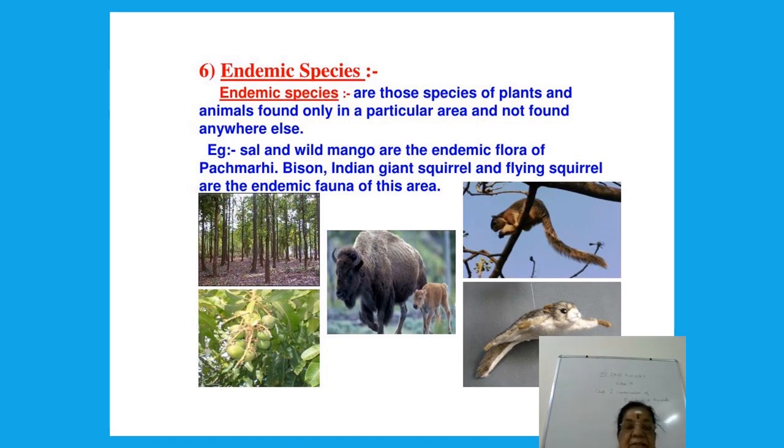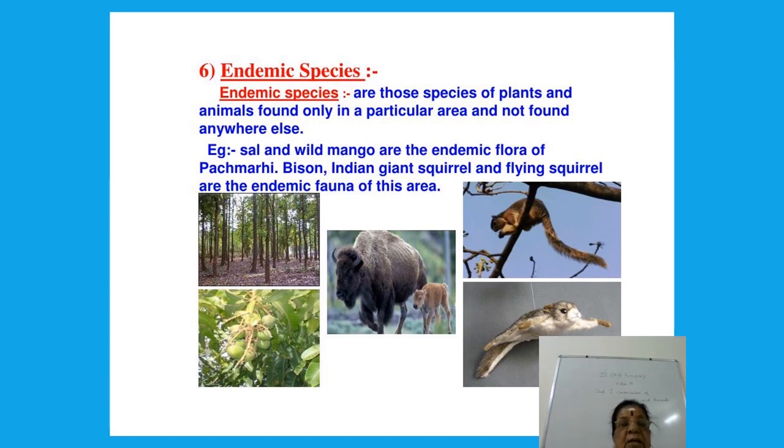Here, Madhavji, the employer of that forest girl, showed a big squirrel, and the squirrel has a fluffy tail. They are very curious to know about it. This is known as the giant squirrel. I repeat, endemic species are those species of plants and animals found only in a particular area and not found anywhere else.